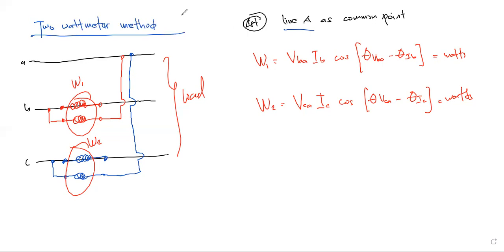Okay, so the second scenario, case two, is with line B as common.